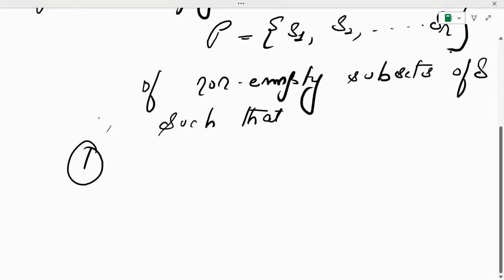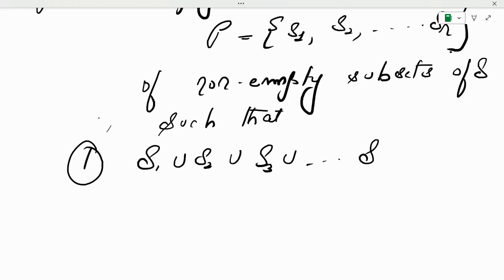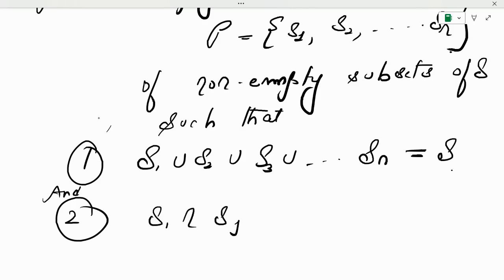first, S1 union S2 union S3 union dot dot dot union Sn is equal to S. So the union of all these subsets is equal to the set S. And if we are taking the intersection, it is an AND condition: Si intersection Sj, the intersection of two sets, is equal to phi when i is not equal to j.